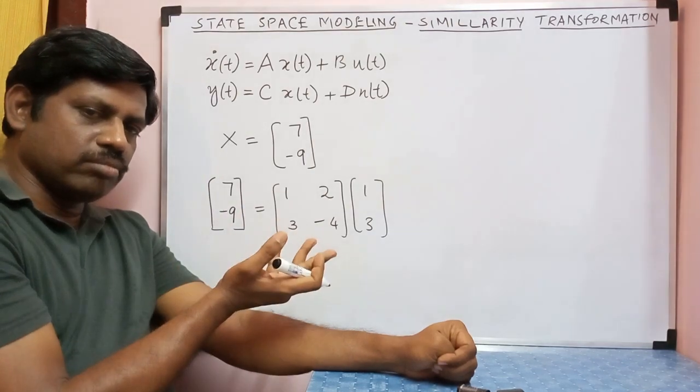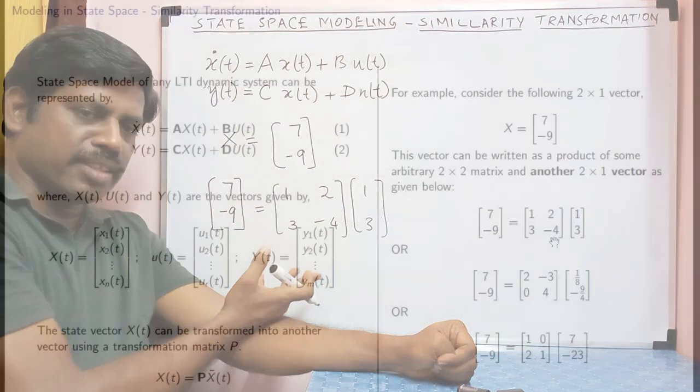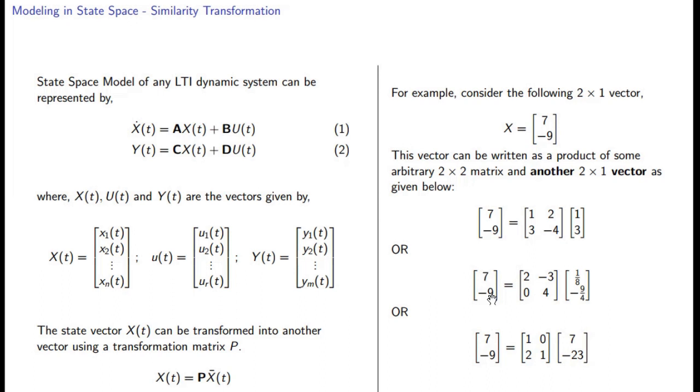And I can again write this vector containing 7 and minus 9 as a product of another vector and another matrix. That is it. So I can even use infinite number of matrices to transform this 7 minus 9 vector into some other vectors. I can write in infinite number of ways.